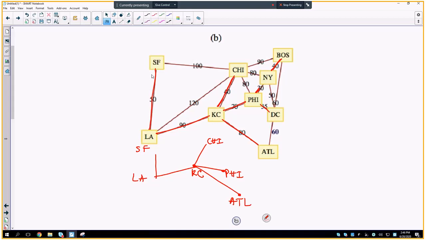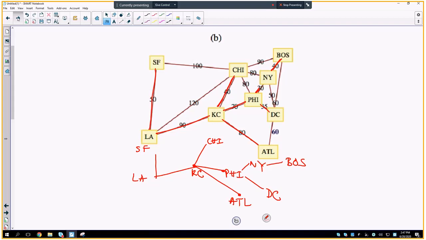Philadelphia has a connection to DC, it has a connection to New York, and New York has a connection to Boston. So the point is, I have included all my major cities, I still have a tree, and that is the minimal spanning tree. And as usual, if you add all these numbers that are labels or the weights of these edges, then you get the cost for the minimal spanning tree.